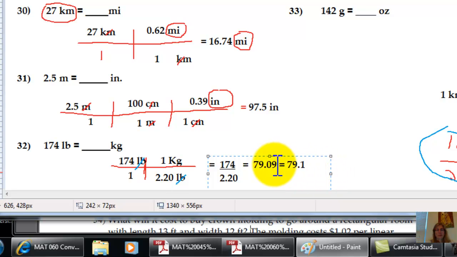So the answer is 79.09 repeating. The 9 would move this 0 to a 1 if we were rounding to the tenths place. If we were rounding to the ones place, our answer would simply be 79. And we are in kilogram. So we've just converted the 174 pounds to 79 kilograms, or 79.1 kilogram.